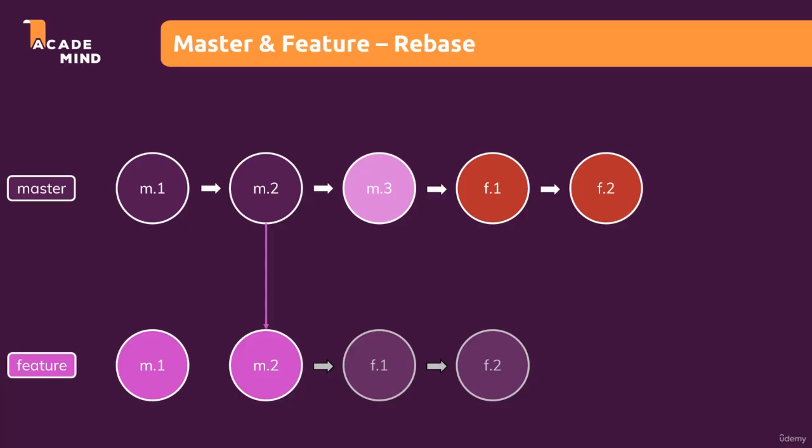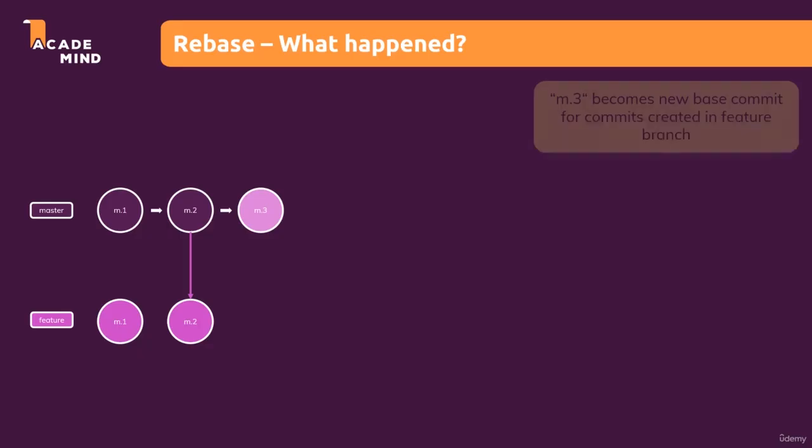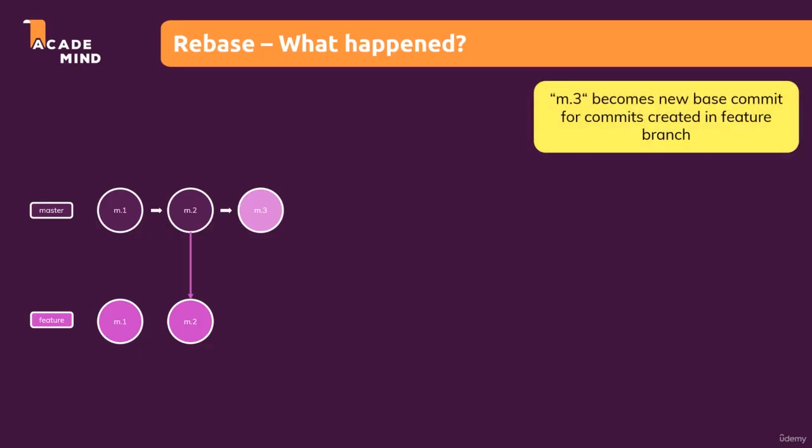Before we dive into the practical application of this logic, let's see what happened here. That's the status we have before we use this magical rebase. In the rebase, we are basically able to get rid of these two commits. We won't get rid of these, of course, but the idea is that we are able to make this latest commit in the master branch the new base commit for the commits created in the feature branch.